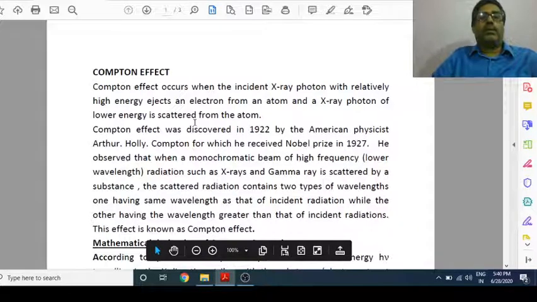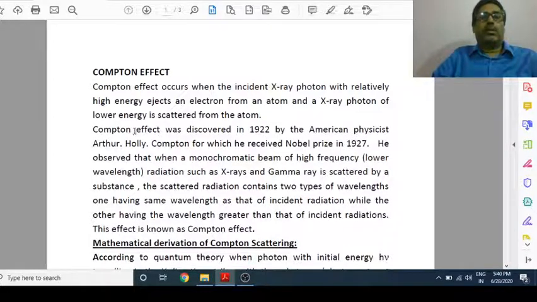This effect was discovered by American physicist Arthur Holly Compton in 1922, and for this he received the Nobel Prize in 1927.